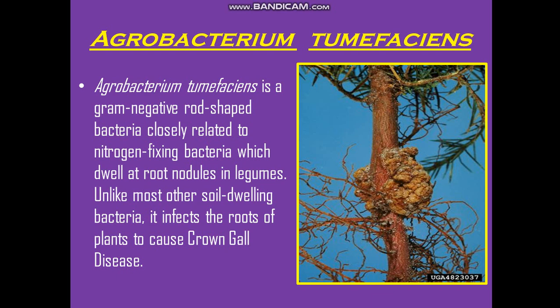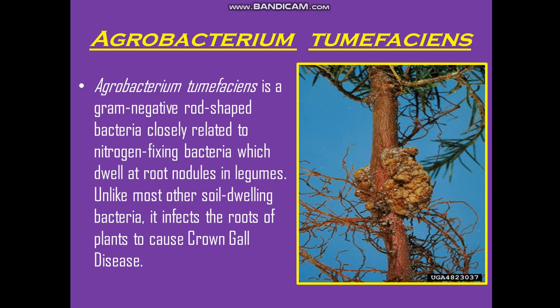Just like other bacteria, Agrobacterium tumefaciens also has two kinds of DNA, one normal bacterial DNA and the other a plasmid. What it does is incorporate its plasmid into the host cell. The host will be the plant which it is affecting.